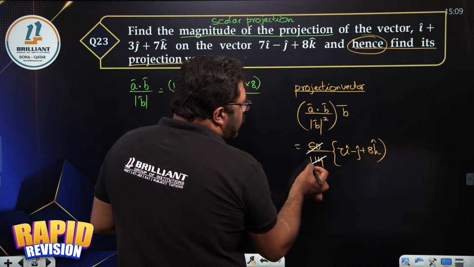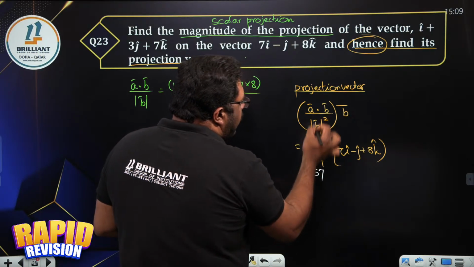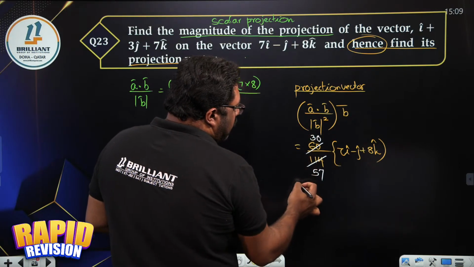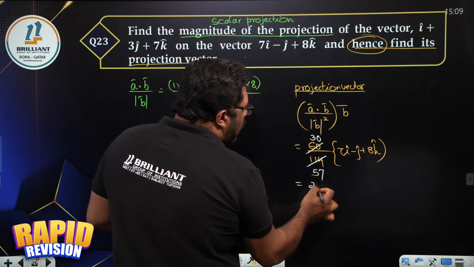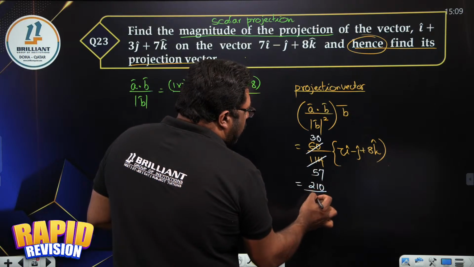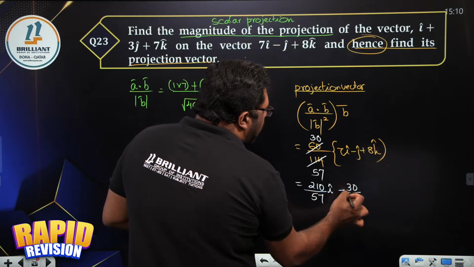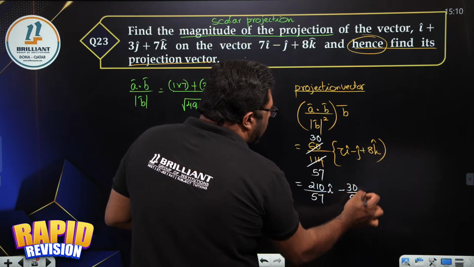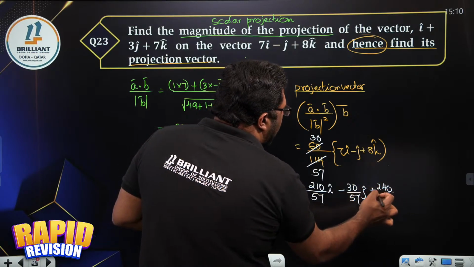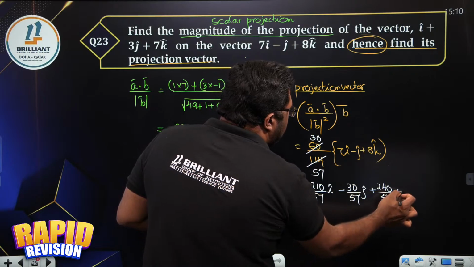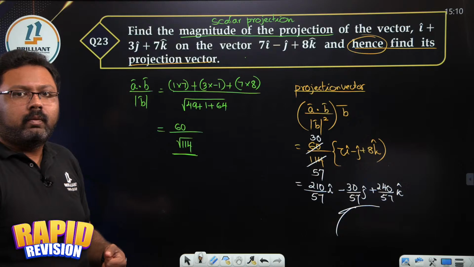It goes in 2, it's going to be 30 by 57. Multiplied inside: 7 3s are 210 by 57 i minus 30 by 57 j plus 240 by 57 k. Answer for projection vector.